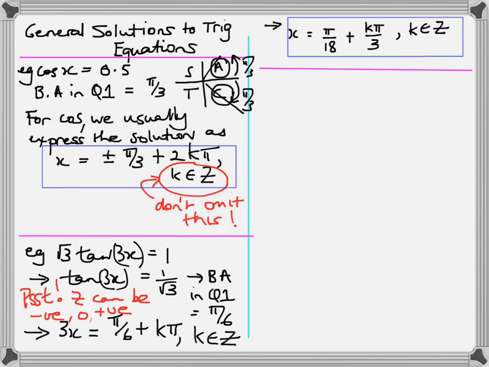Now, don't get all hung up about how you represent these things in the way that maybe the textbook represents them, because the textbook can represent them differently. For example, if you took that first example of cos of x and said it was minus a half, then you'd be looking at quadrants 2 and 3. And in that instance, you'd have to come up with a way of representing all the angles in quadrant 2, and, as well as that, all the angles in quadrant 3.